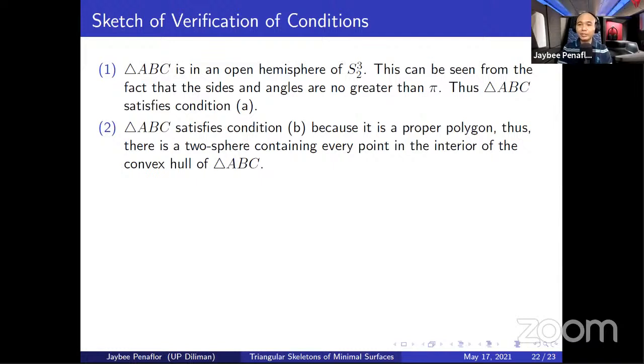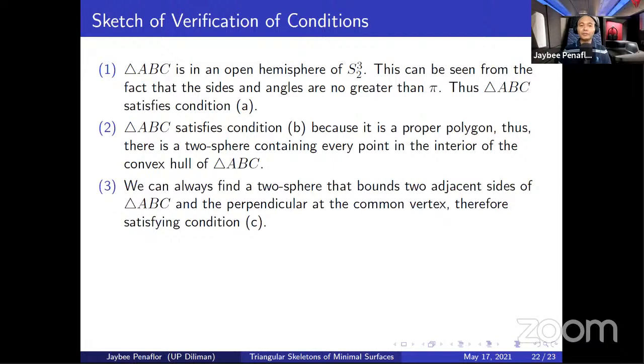Much time is actually spent in the paper to prove that triangle ABC is a proper polygon, and therefore there's a two-sphere containing every point in the interior of the convex hull of triangle ABC. Third, we can always find a two-sphere that bounds 2 adjacent sides of triangle ABC and the perpendicular at the common vertex. And this allows us to satisfy condition C.